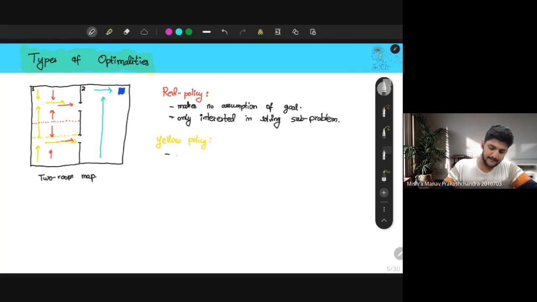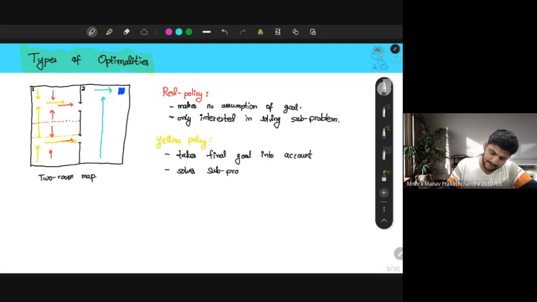Whereas the yellow policy takes the final goal into account and solves sub problems with a view to minimize the global cost.